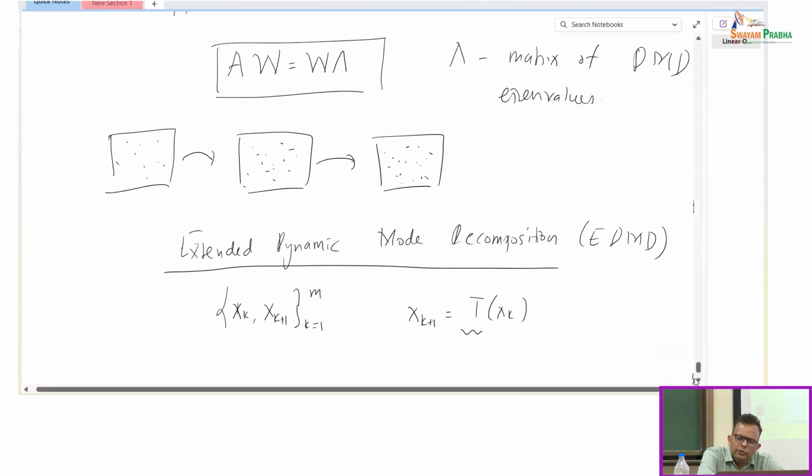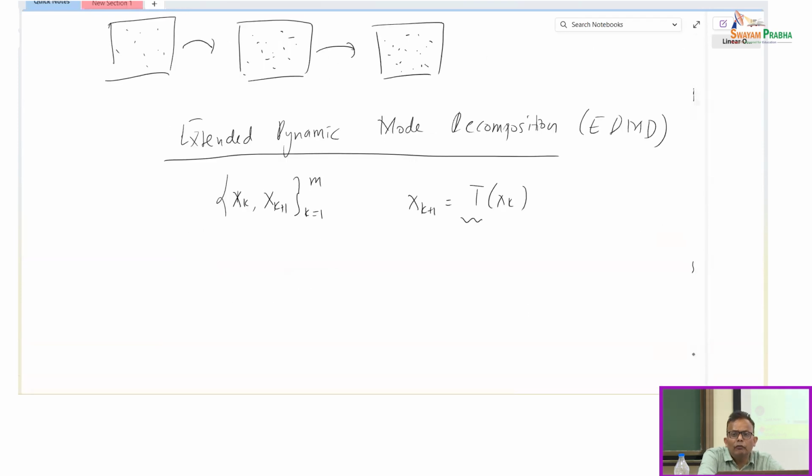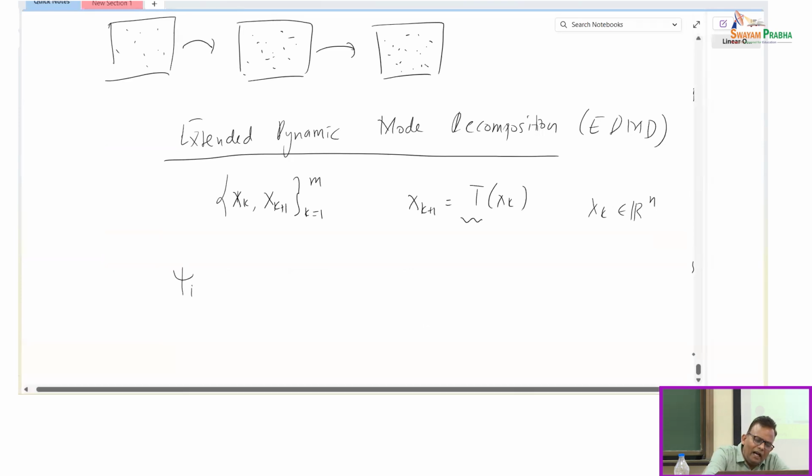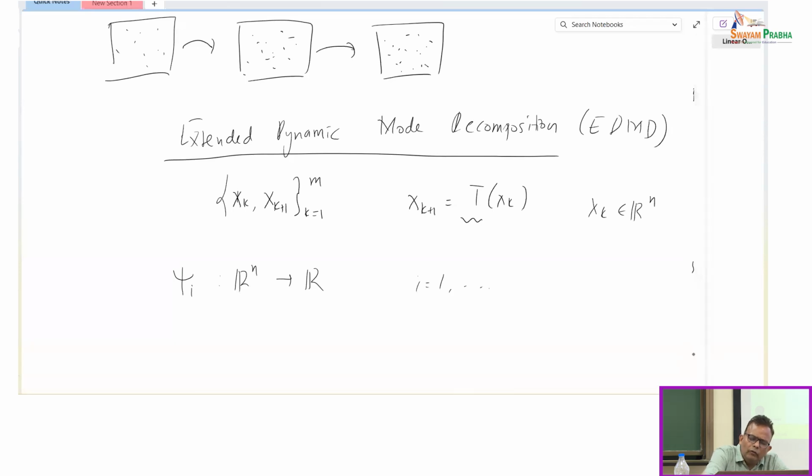Now what you do is pick some library of functions, which are the observables, right? So if xk belongs to some R^n, you can pick a library of observable functions psi_i from R^n to R, with i going from 1 to, let's say, D. Okay, you have D dictionary functions.